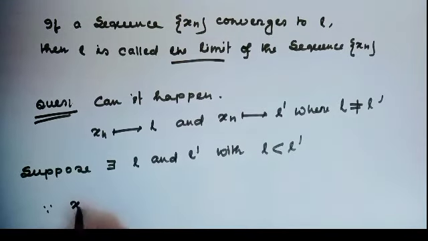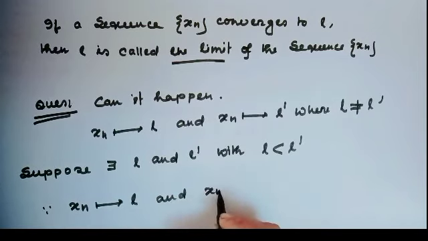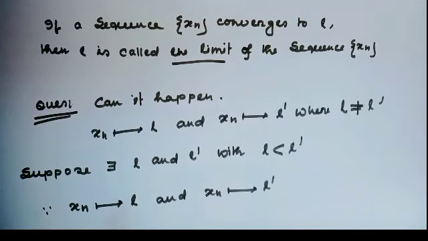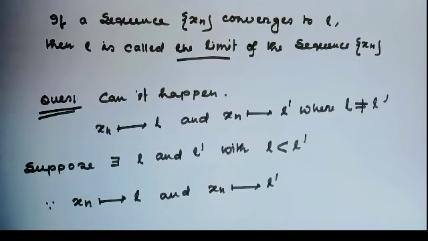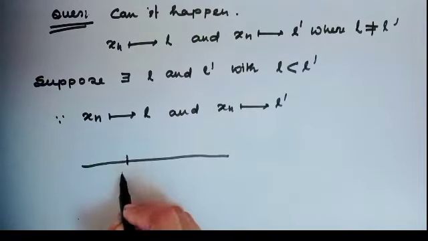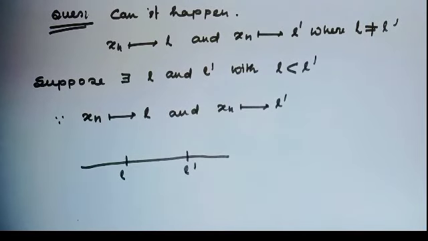Since xn converges to L and xn converges to L prime, what do I try to do? We try to get a contradiction out of it. Let's see the picture. This is the real line, and this is L and this is L prime.